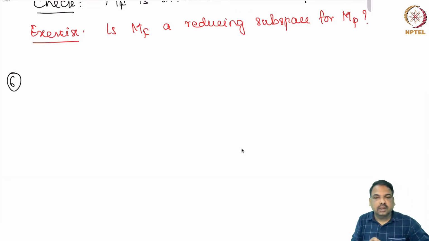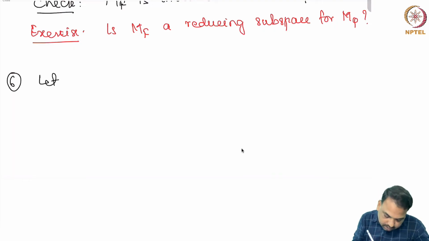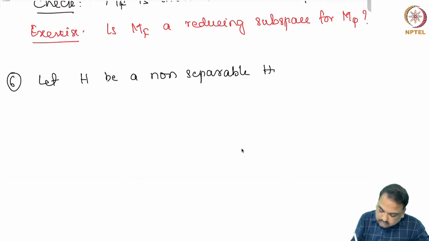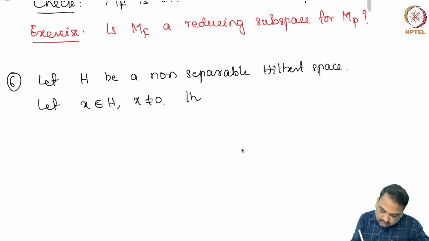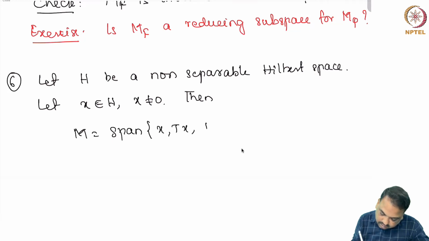Let us start with a non-separable Hilbert space. Let H be a non-separable Hilbert space, and let us take x in H, which is non-zero. Then look at M as the span of x, Tx, T square x, and so on, span closure.